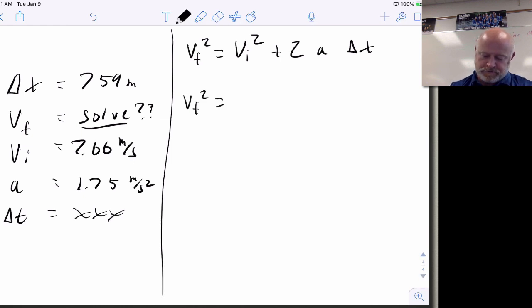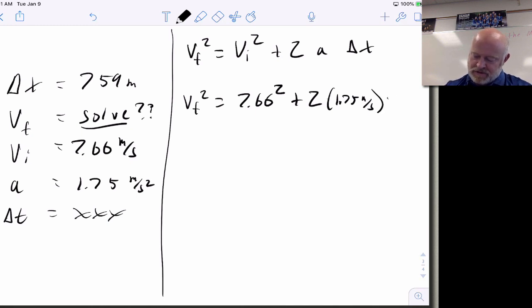So our velocity final squared will equal 7.66 squared plus 2 times 1.75 meters per second squared times 759 meters.